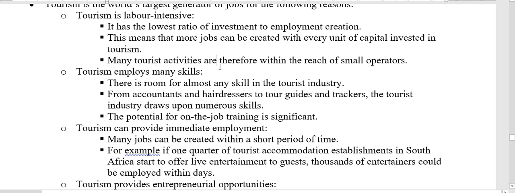It's not only people that have a large amount of money to invest that can get involved in tourism. Small entrepreneurs with a small amount of capital are able to get involved in tourism because it doesn't need a huge investment. So it's easier for people to get involved in tourism. So jobs can be created relatively easily and relatively cheaply.